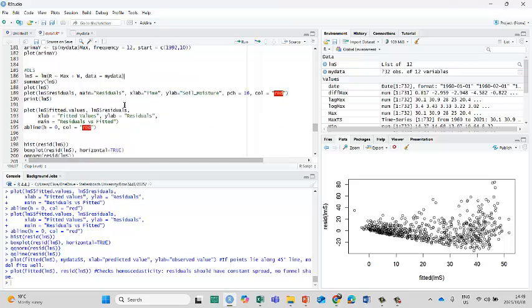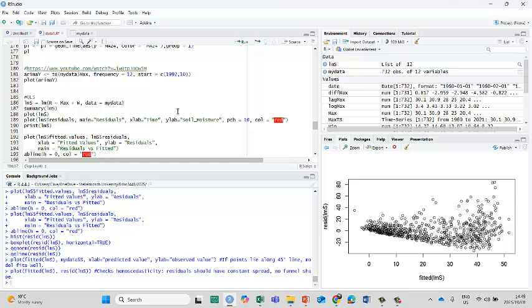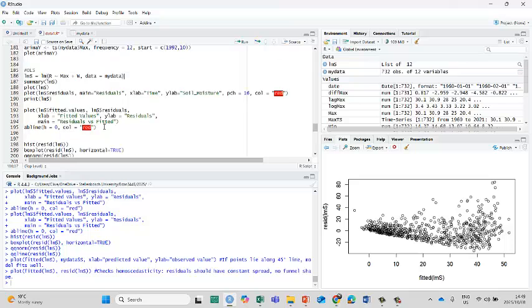Okay, so there's a whole lot of visualizations that we can print or run to visually inspect our model.